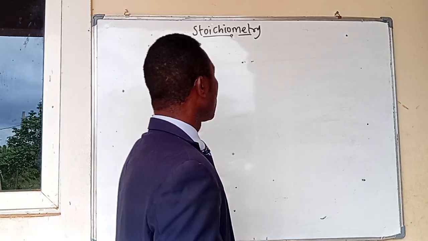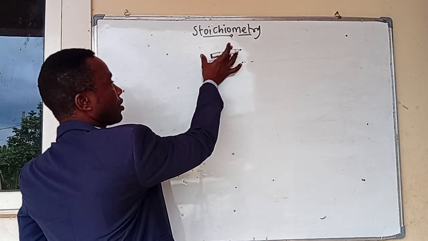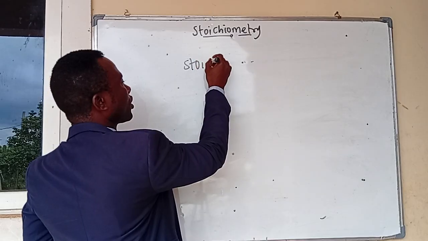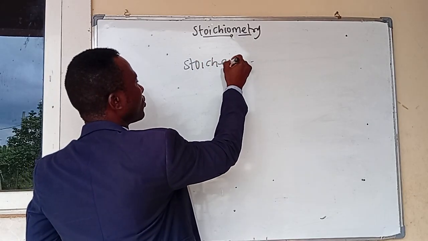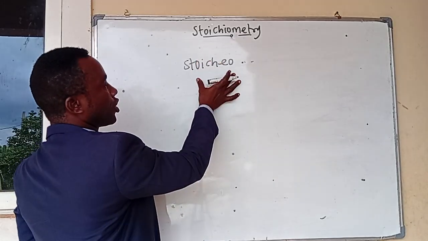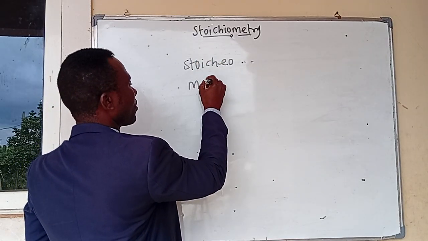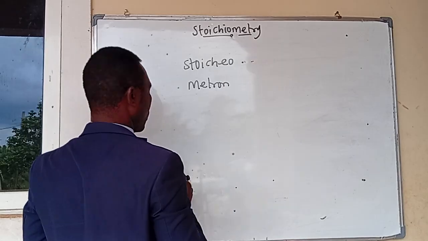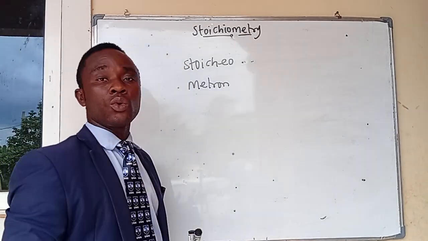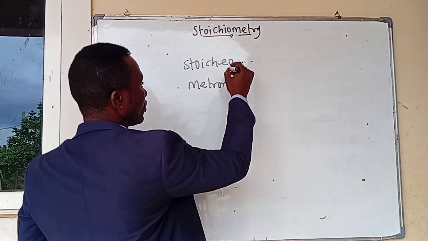Now, the word stoichiometry comes from the Greek words stoichio and metron. Those are the two terms that give rise to stoichiometry.